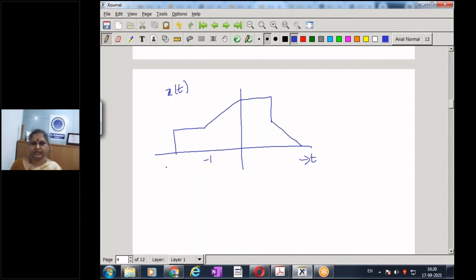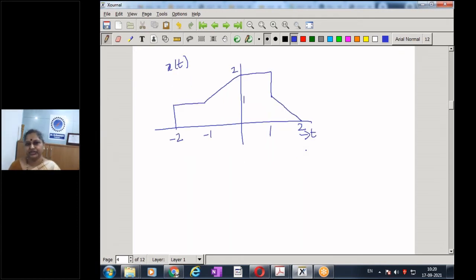So this is, say, -1, say -2. This is 1, this is 2. Now I want to do the differentiation of the signal. So I want to sketch the signal d by dt of x of t. I want to sketch the derivative of the signal.